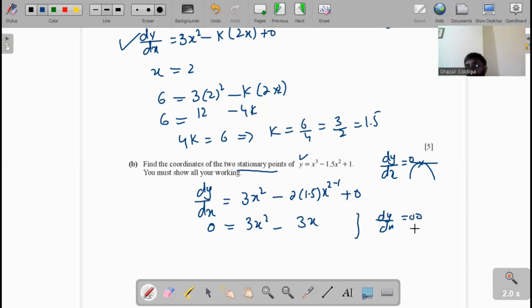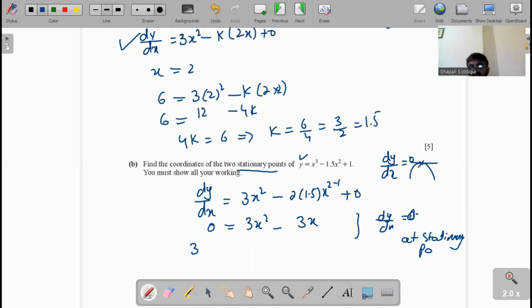Now we can write dy over dx is 0 at stationary points. Therefore, now we can write it as 3x.